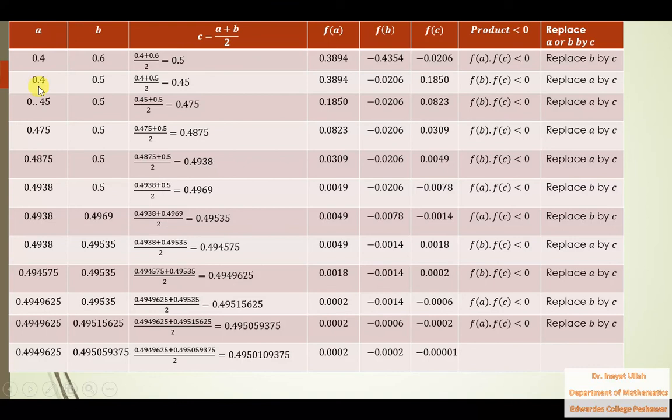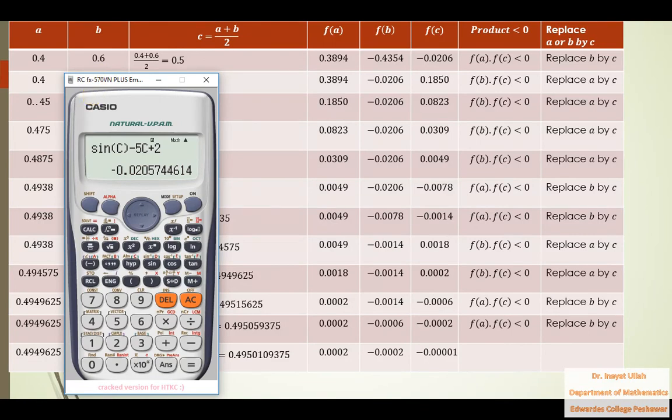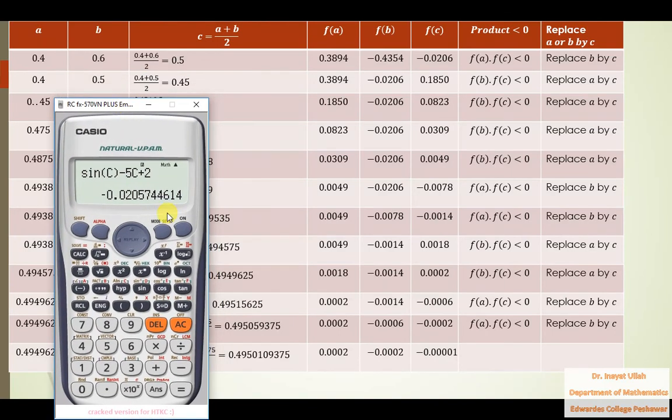Now we need to use these updated values of a and b with the help of calculator. In this case, the new values of a and b: press this equal sign.